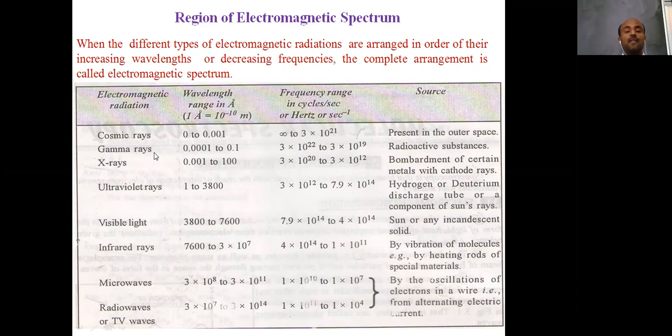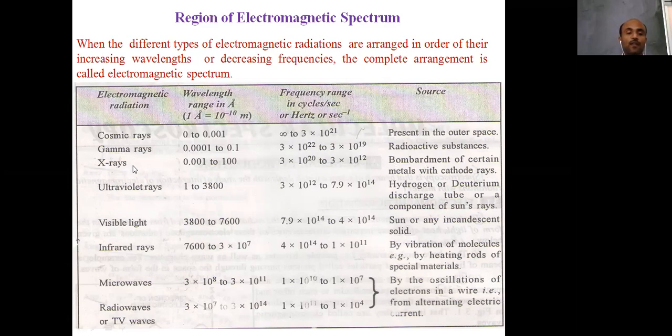The next region is gamma rays, whose wavelength is 0.0001 to 0.1 angstrom, and its frequency is 3 × 10^22 to 3 × 10^19, and the source of gamma rays is radioactive substances.